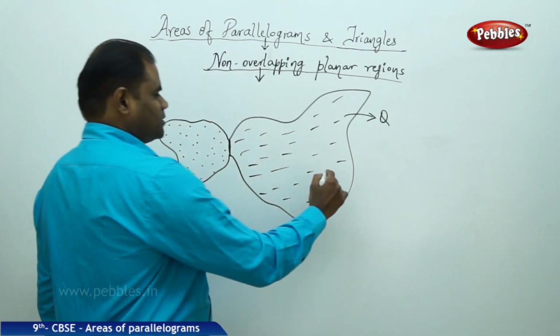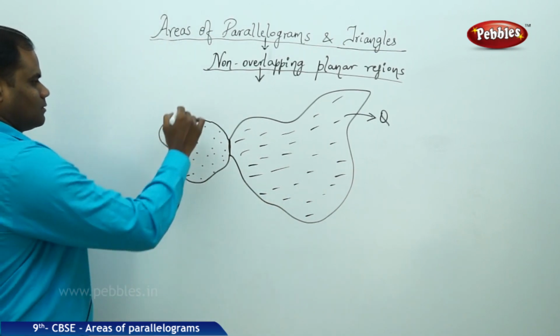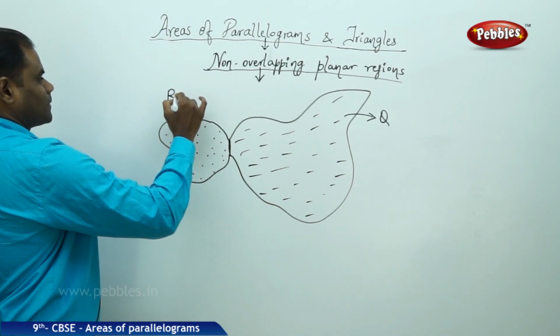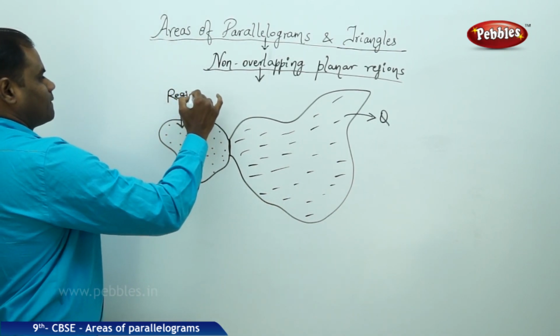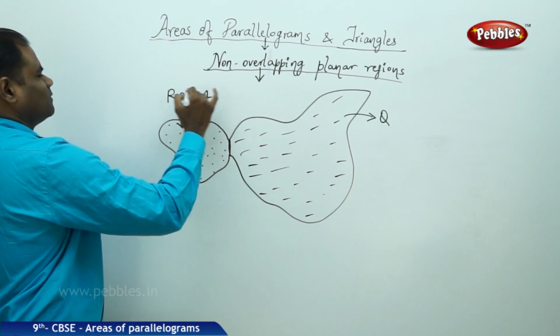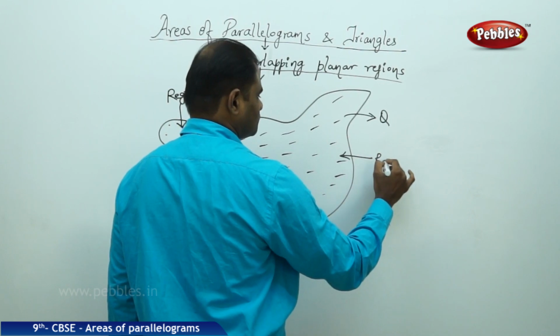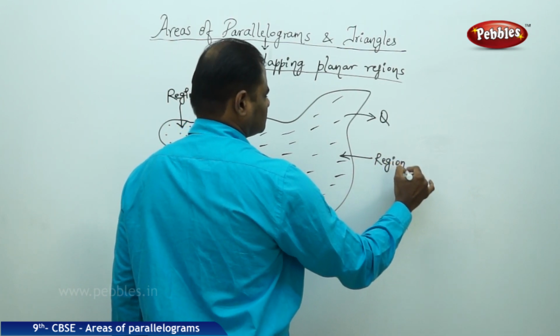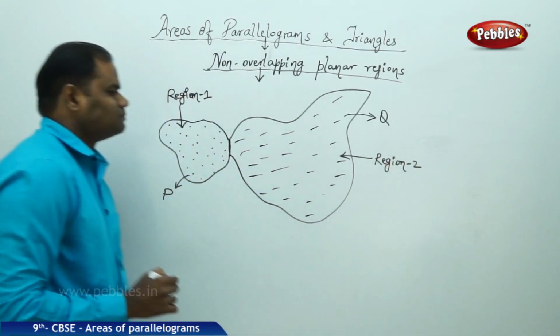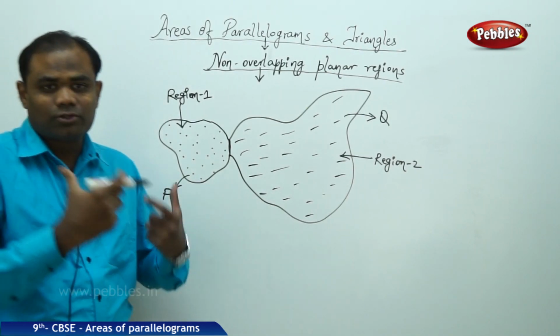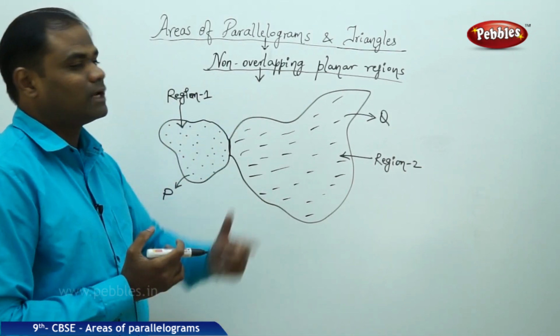Now I have two regions. The first region, region 1, and this being region 2. Now these two regions are joined together such that they do not overlap.